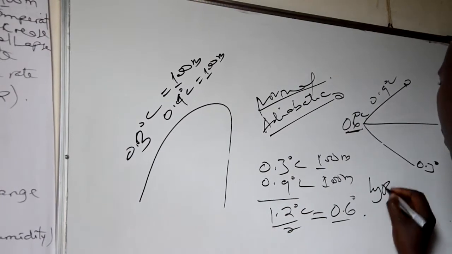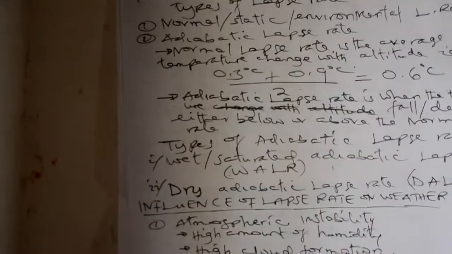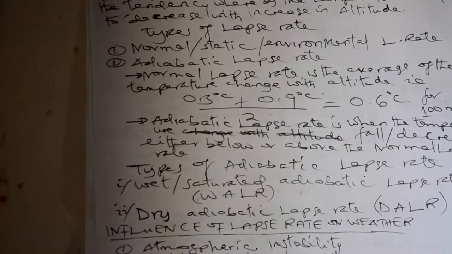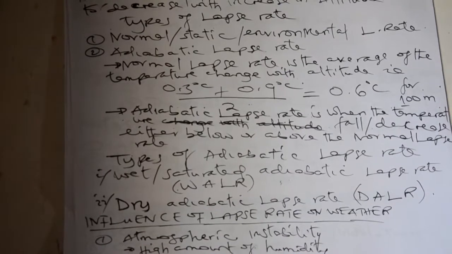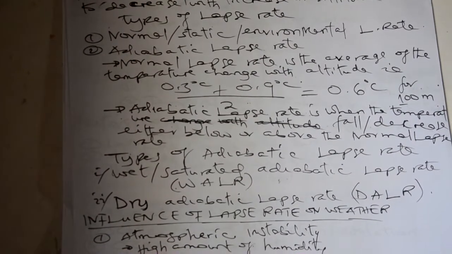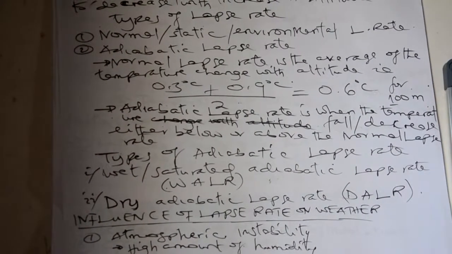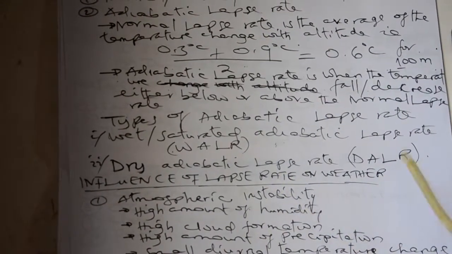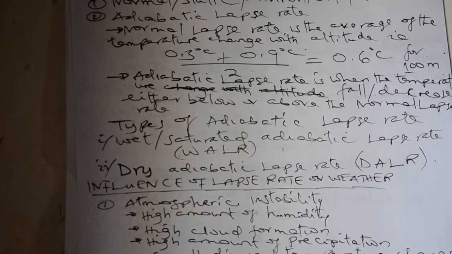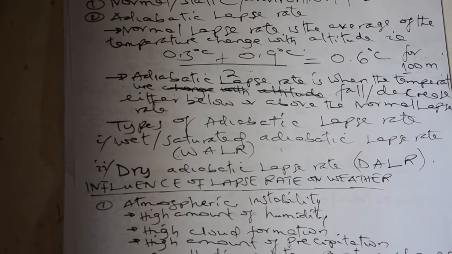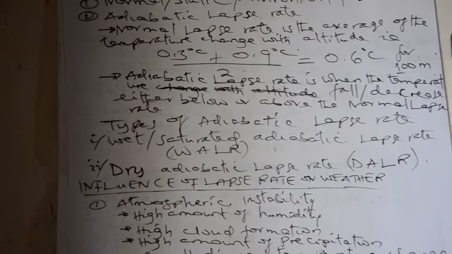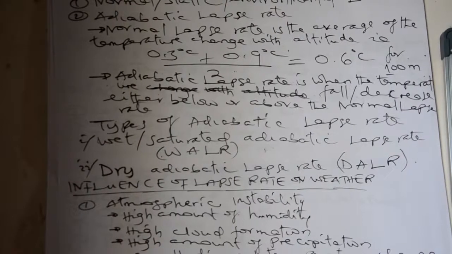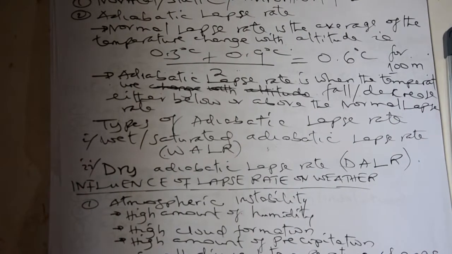Hence, types of adiabatic lapse rate. There are two types: wet saturated adiabatic lapse rate and dry adiabatic lapse rate. Dry adiabatic lapse rate is when air expands and cools at a rate which is greater than the normal. Remember that the normal lapse rate is the average between the above and the below.